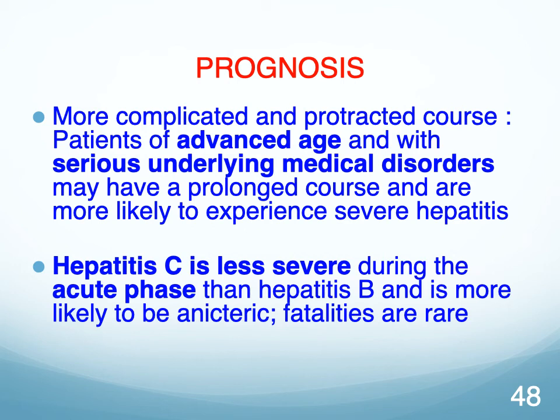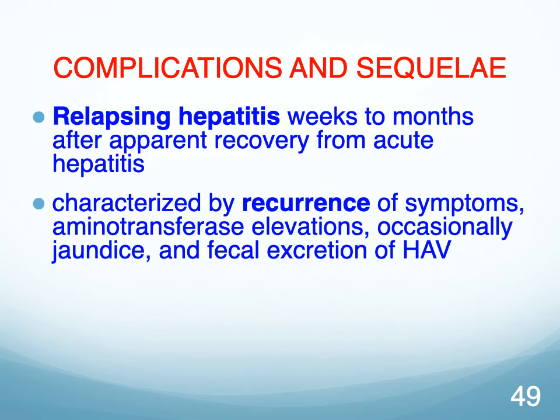And in contrast, hepatitis C is less severe during the acute phase as compared to hepatitis B. There is also what we call relapsing hepatitis, which occurs weeks to months after the apparent recovery from acute hepatitis. This is characterized by the recurrence of symptoms, elevations of aminotransferases, jaundice, and fecal excretion of HAV.